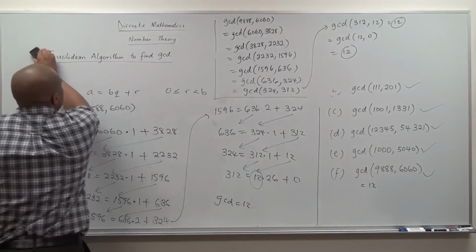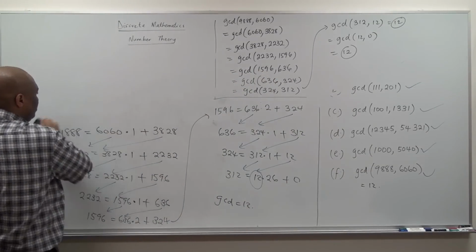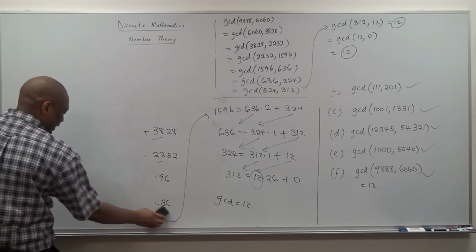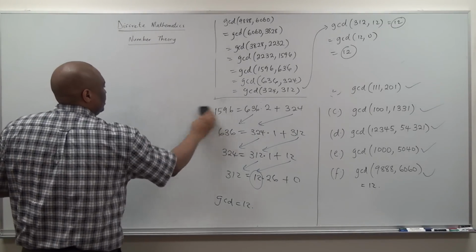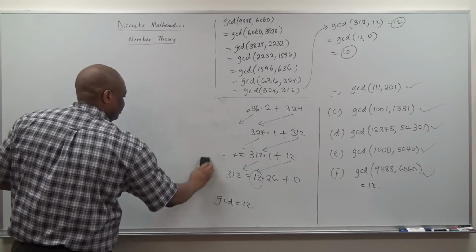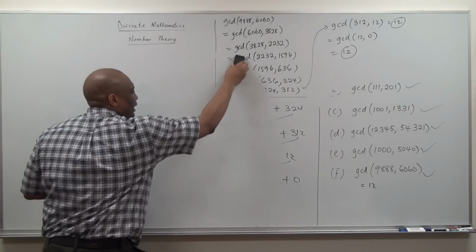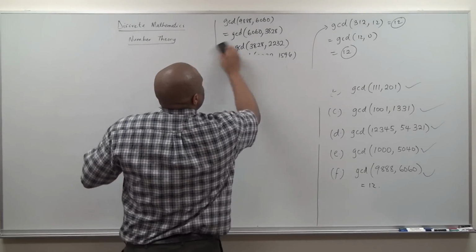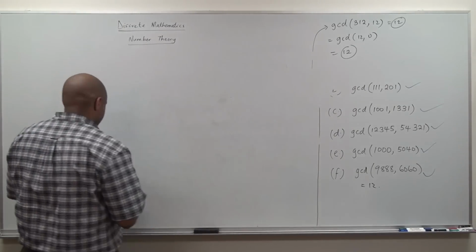All right, for those of you that are computer science majors or IT majors, probably you like code. So let's look at some code here before we finish this video segment.